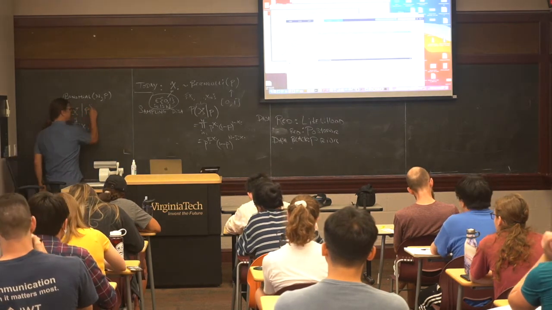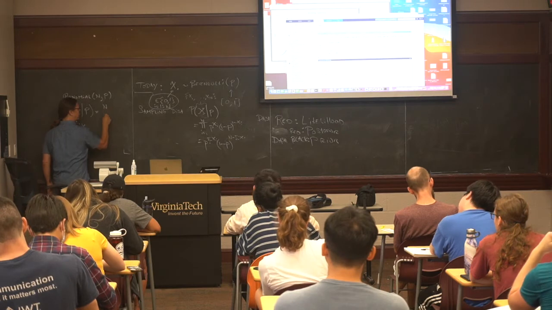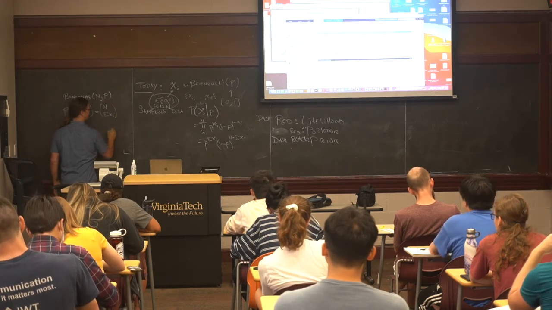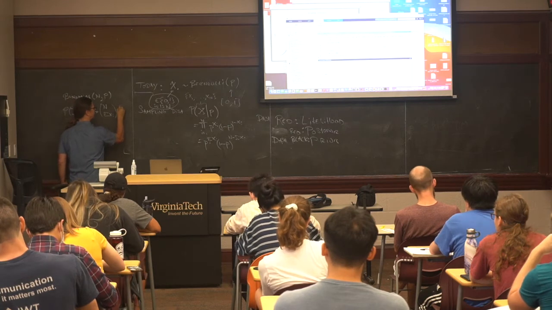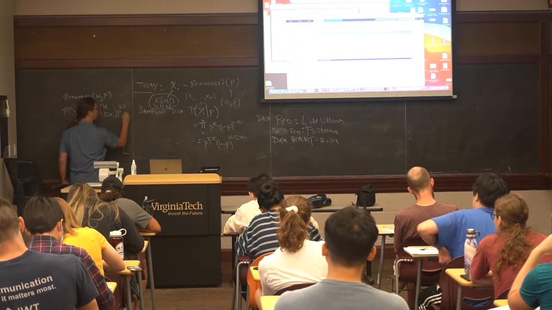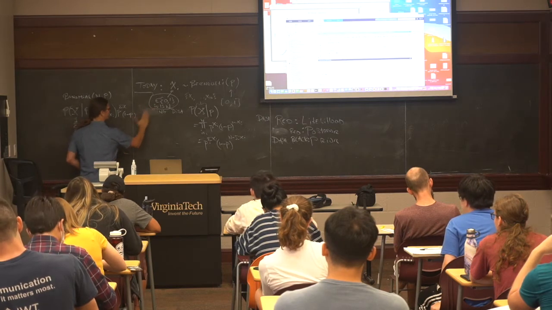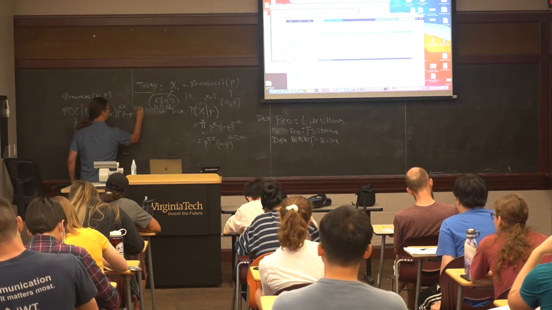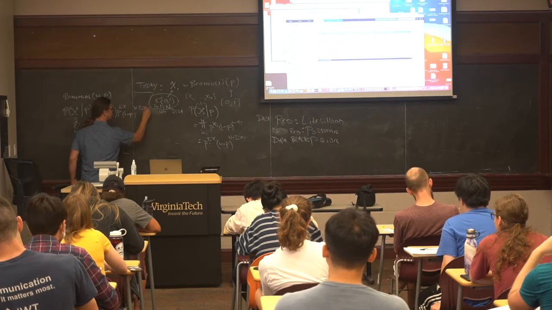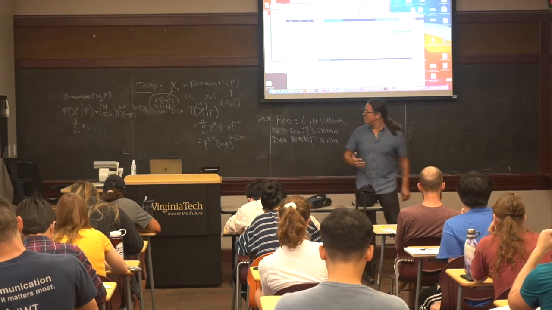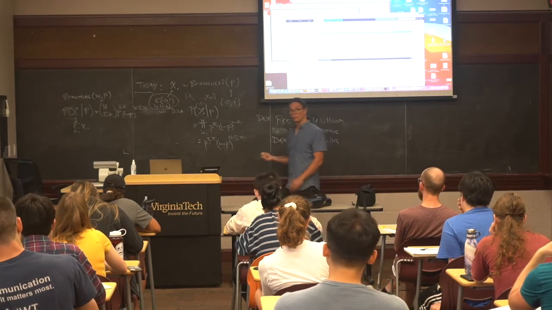So given p, it is equal to n choose the sum of the xi's, times p to the sum of the xi's, times 1 minus p to the n minus the sum of the xi's. The key point to me is that these have the same kernels.